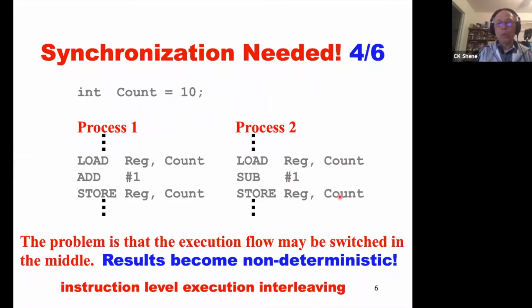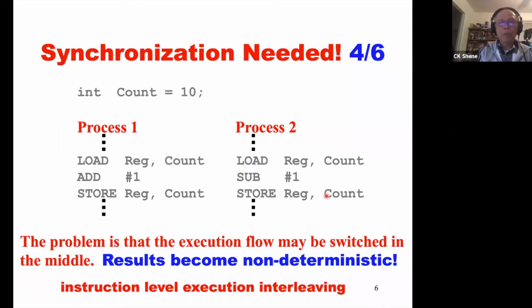So in this way, count would have 9, right? So instantly, you notice something very interesting. In this example, if process 1 runs this way, it's 11, and if process 2 runs this way, it would be 9. How come that could happen?